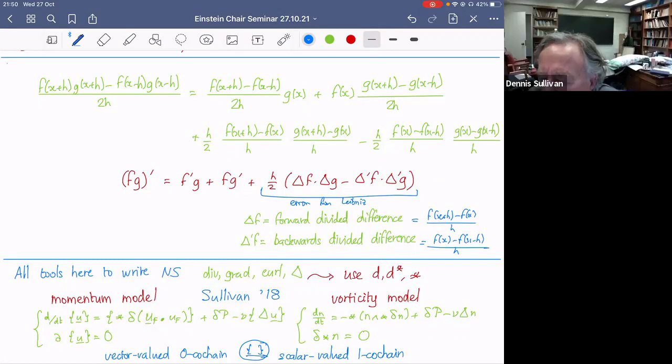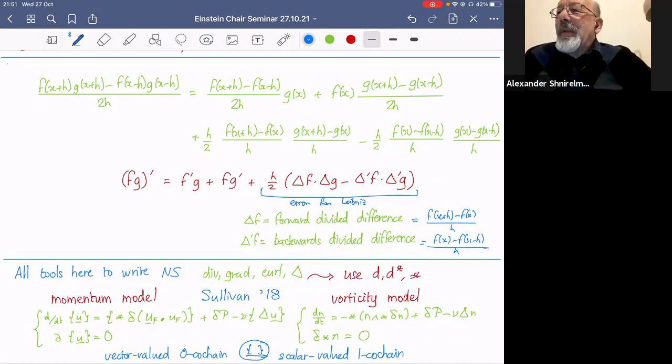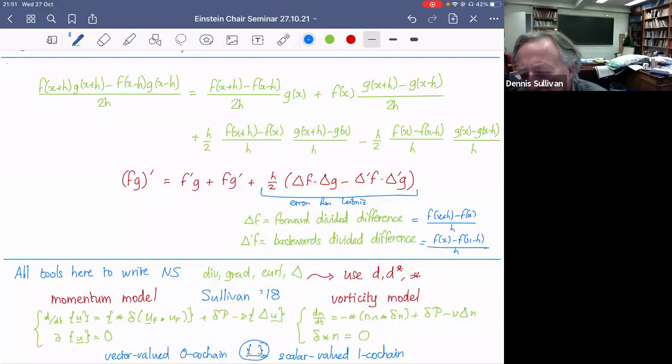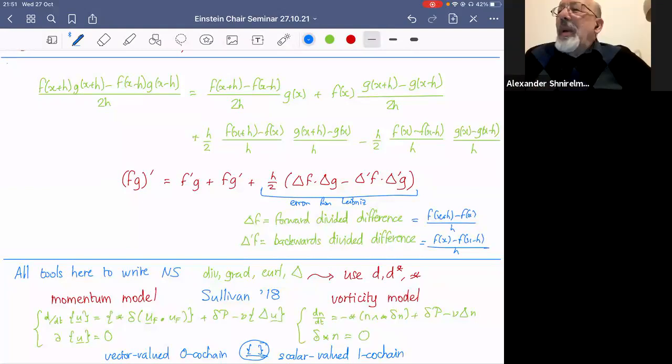So which one is stable and which one's unstable? Step back is stable and step forward unstable. You mean divide the difference u of t plus h minus u of t divided by h, it is unstable, and u of t minus u of t minus h, it is stable. Well, there's the symmetric difference. So wait a minute, there's three things: forward, backward, and symmetric.